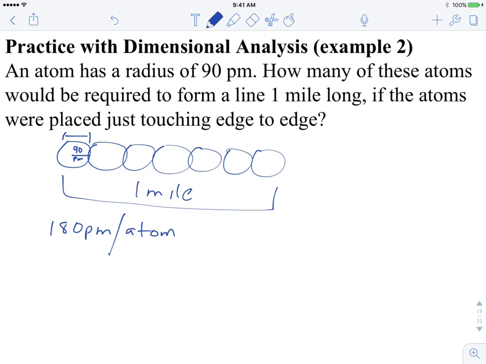Now the question asks me how many atoms are going to be 1 mile long. So I have one atom equal to 180 picometers. Well, how many atoms, question mark atoms, are going to be 1 mile?